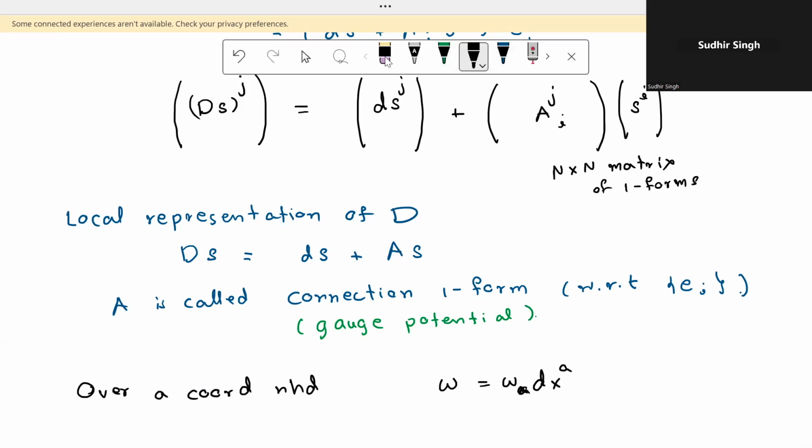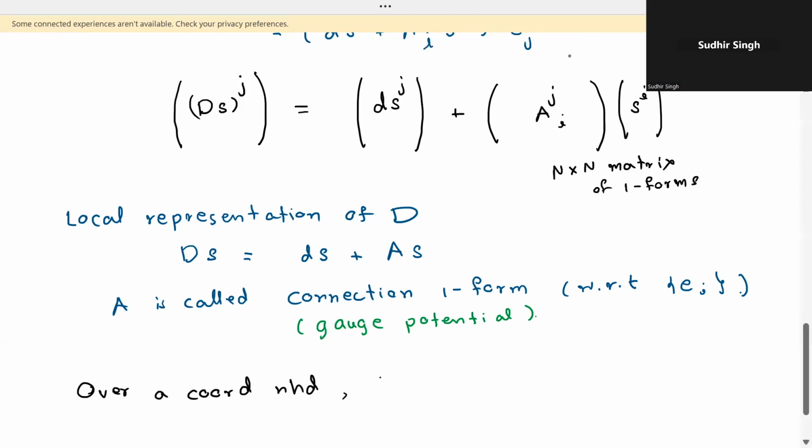Then if we do this, we can write A in the same form like this, just that the components are now not functions, but matrices.